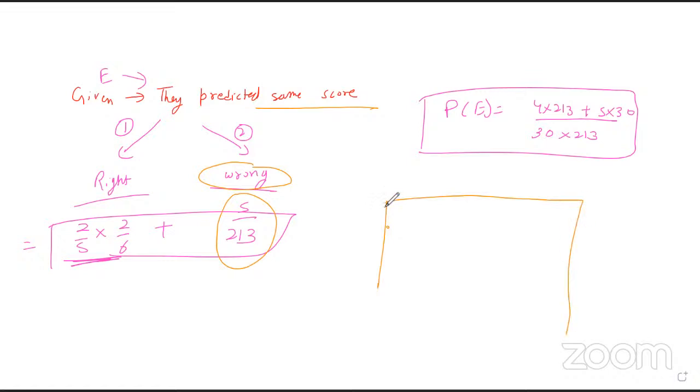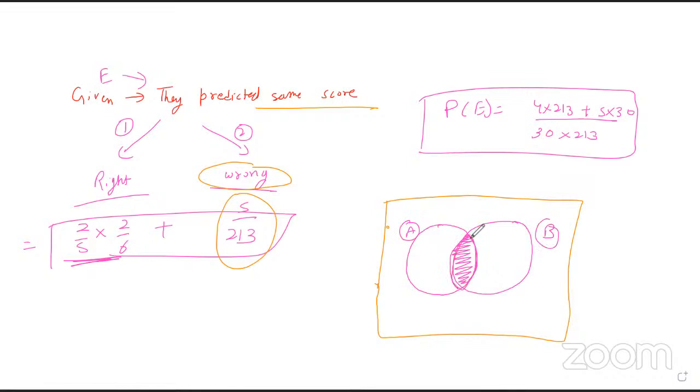Okay, so now the diagram would sort it a bit. This is the prediction made by A. This is the prediction made by B. Your event E would be predicted the same score. So event E would be this: A's prediction, B's prediction, and the same I am putting here.